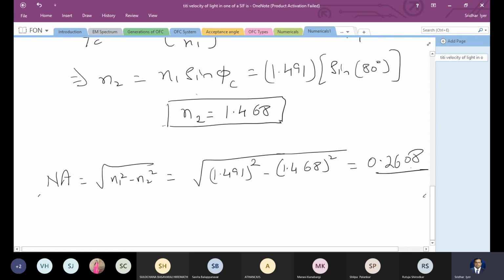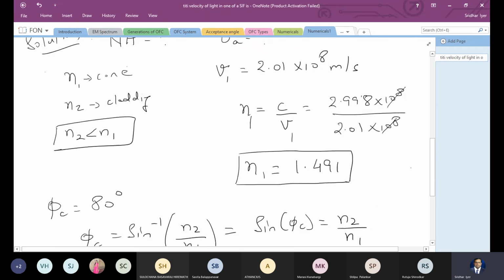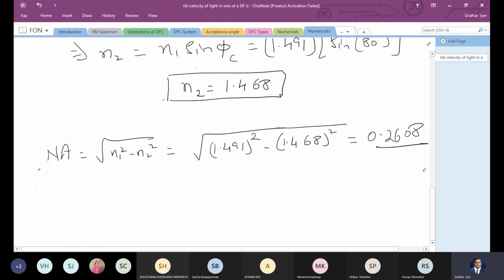That is Na, and I also need to find theta A, which is the acceptance angle, and I know that sine theta A is root of n1 square minus n2 square, which is nothing but Na, which implies theta A is sine inverse Na.